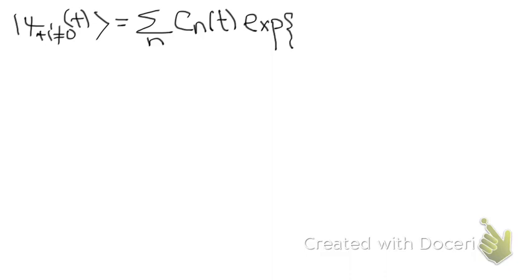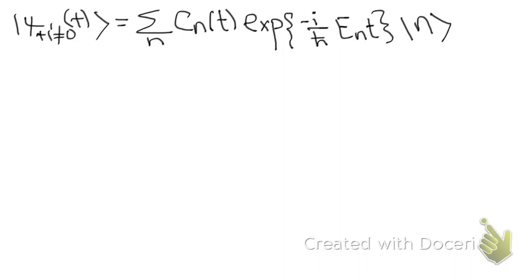It's then the sum over n of Cn as a function of time, times exponential of negative i over h bar En t, all of this acting on my state n.